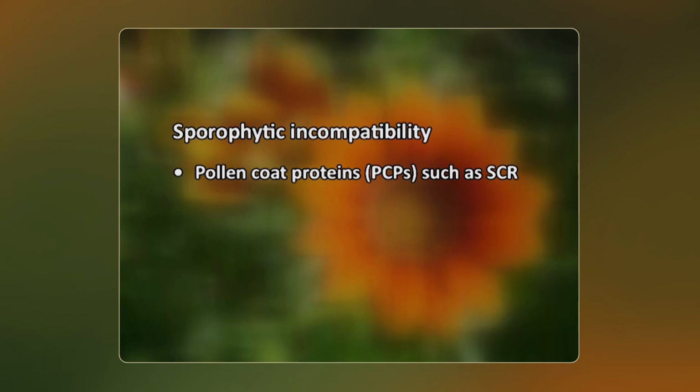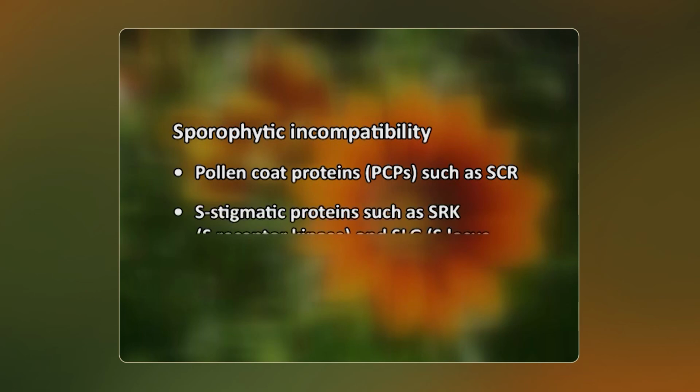The sporophytic incompatibility involves the sporophyte origin pollen coat proteins, PCPs, such as SCR, which interacts with the S stigmatic proteins such as SRK, S receptor kinase, and SLG, S locus glycoprotein.